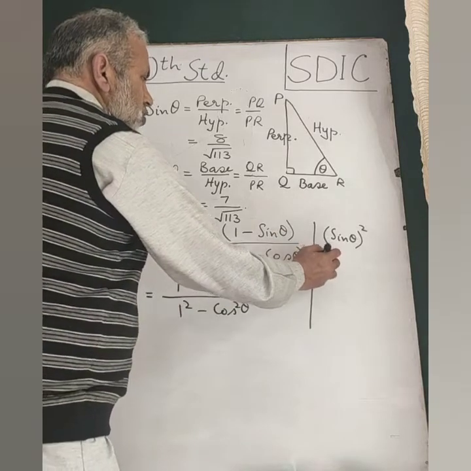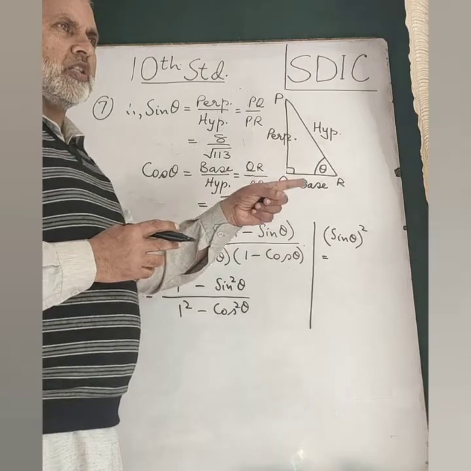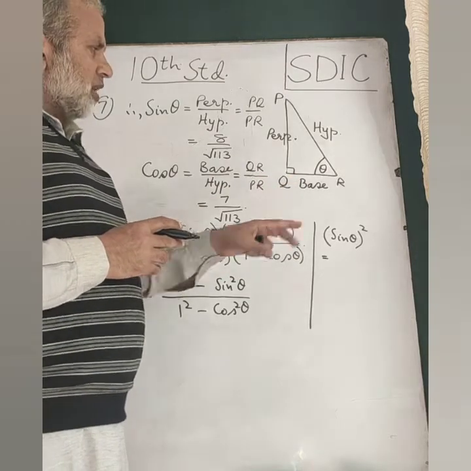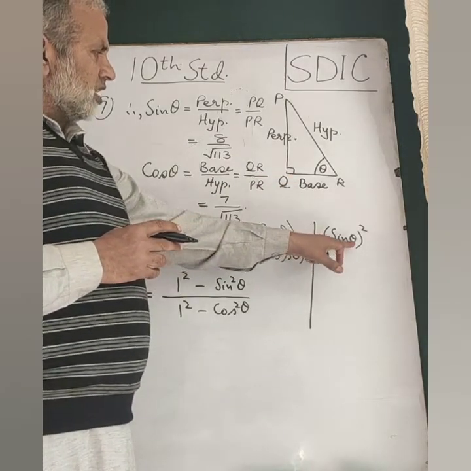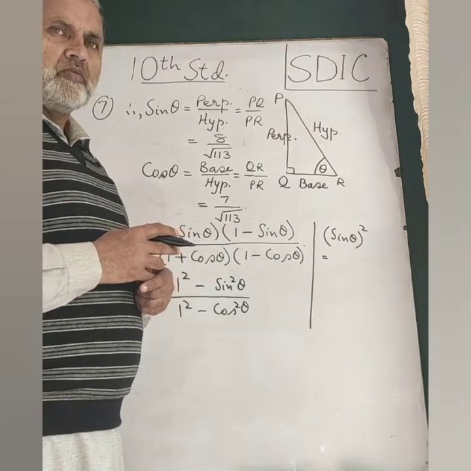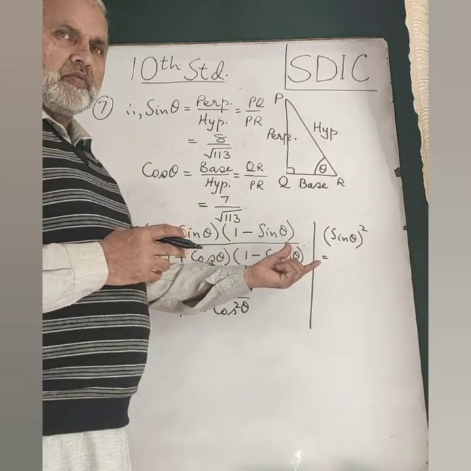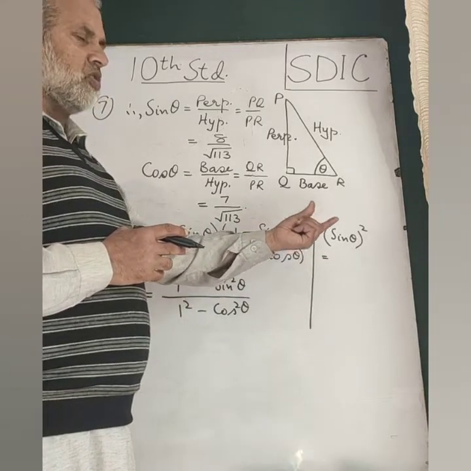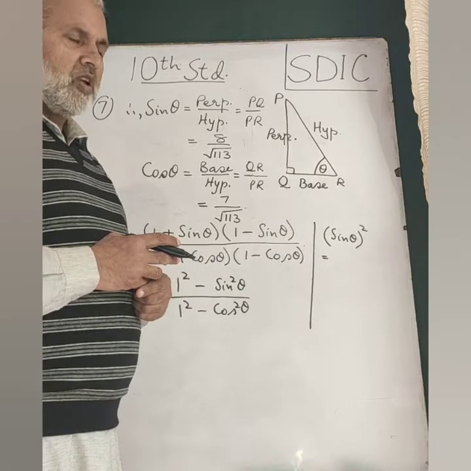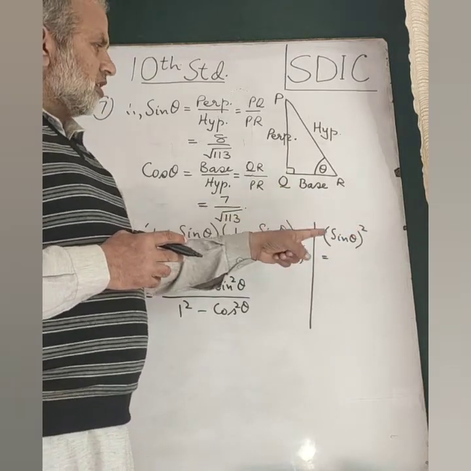This means square of whole sin theta, not sin alone, not theta alone. But as we have already read, this sin theta is not the product of sin and theta. We have already read it. It is the abbreviation, short form of sine of acute angle theta. Therefore, when we say this square belongs to the whole thing, it is because it is not a product.